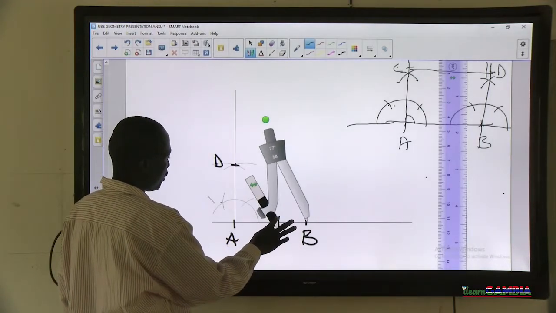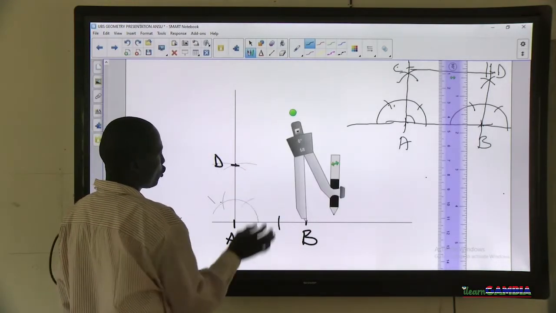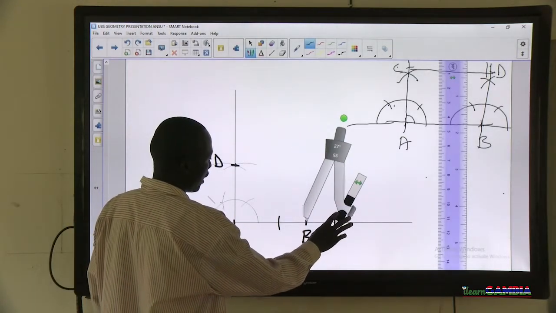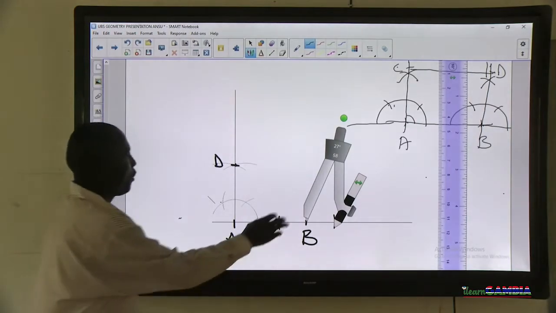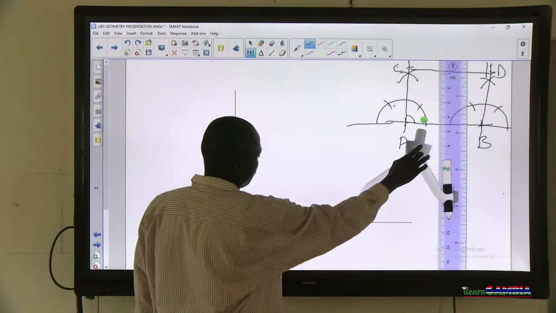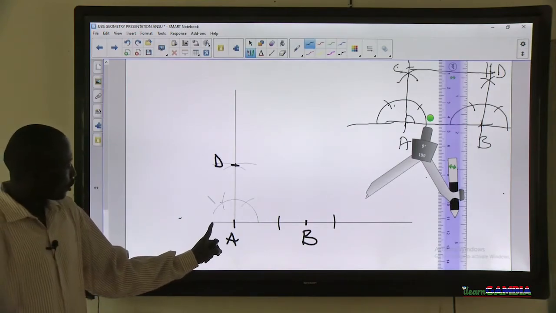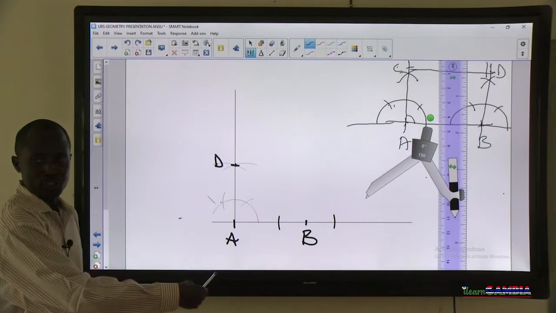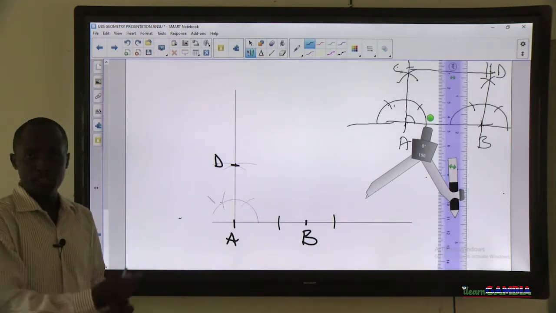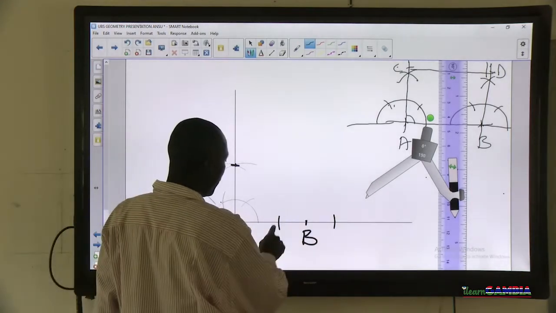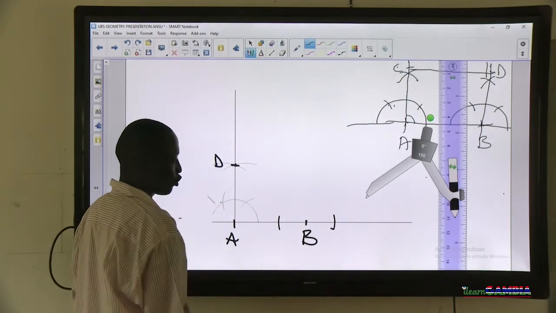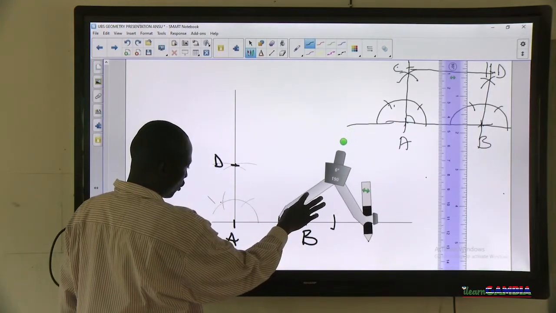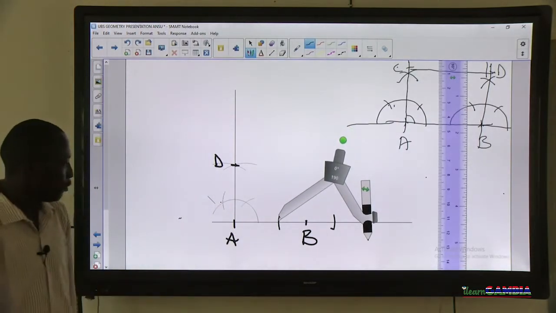I draw an arc that way, then turn to the other side with the same radius, I don't change it, I draw another arc. So, the way I constructed 90 degrees at point A is different from the way I am constructing it at point B. These are different methods. So now we will be at this second point that we have just drawn, put the compass point at the point of intersection of the arc on the line AB, first arc there.